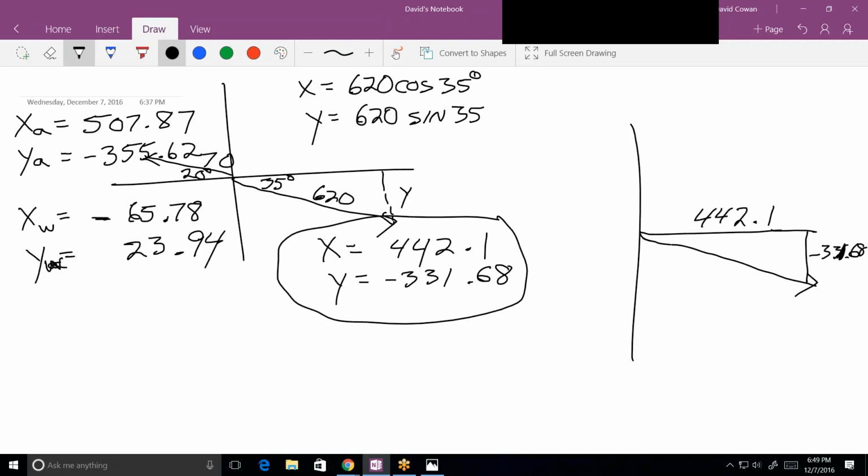Okay, wait one sec. I got 36.9. Does that make sense? Yes. I'm not really sure why. Let's see. We have that wind. You took the inverse tangent of 331 over 442?